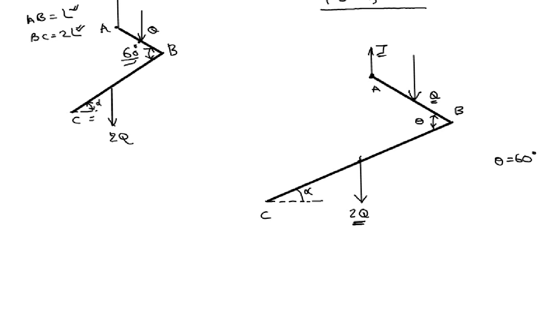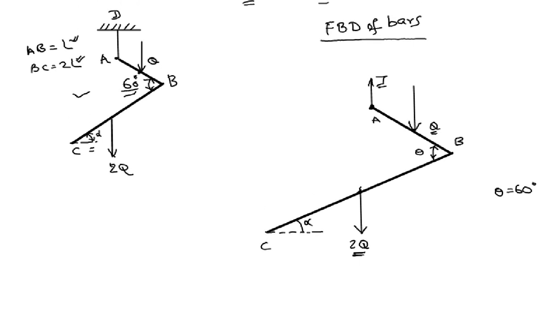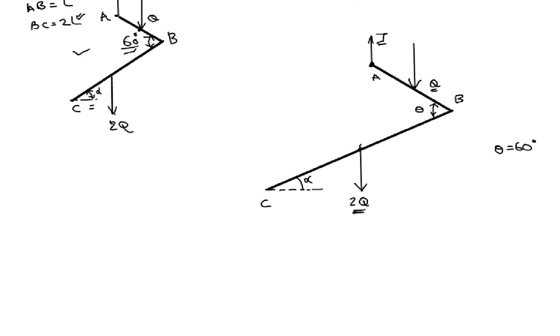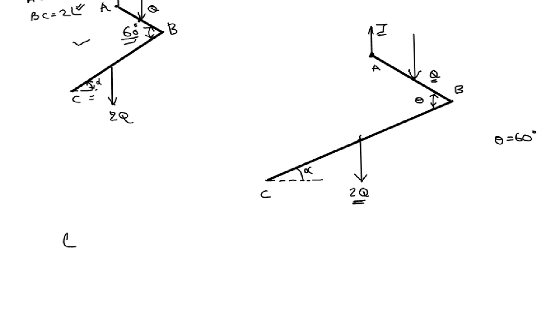That is the first observation that we need to see straight from the figure itself, even before drawing the free body diagram, and then draw the free body diagram to reflect that. That is, this force 2Q should lie on one side and Q should lie on the other side of the force A. So we'll try to write the equation of equilibrium.